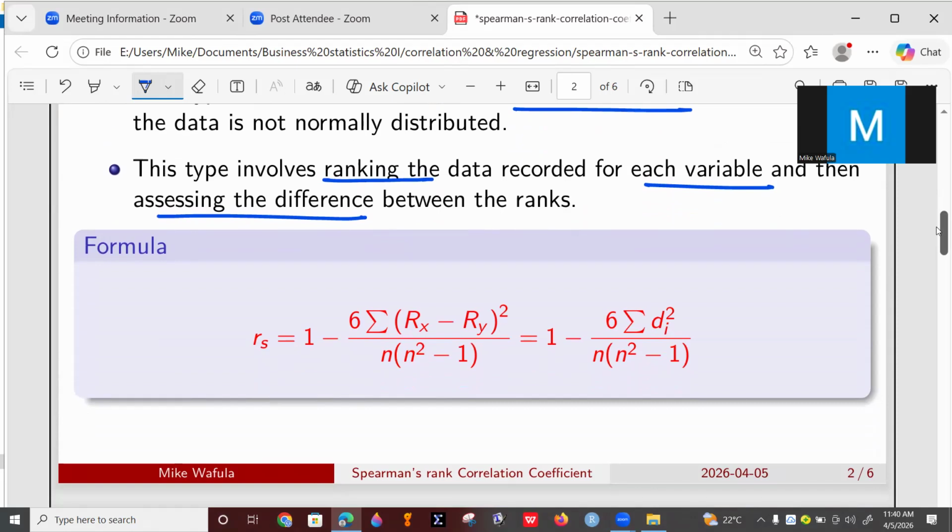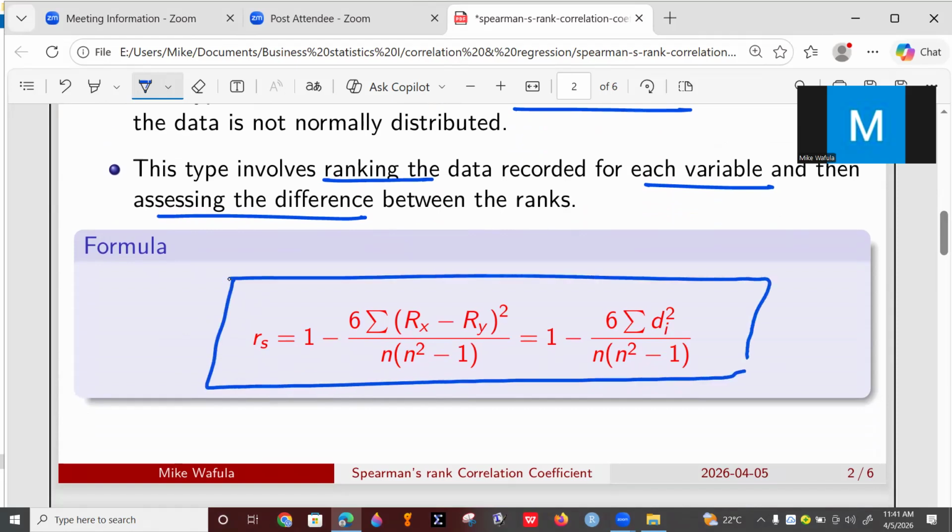The formula for computing the Spearman rank correlation coefficient is this. It is 1 minus a fraction, and this fraction is 6 times the sum of Rx minus Ry squared, over n times n squared minus 1. This can still be simplified.